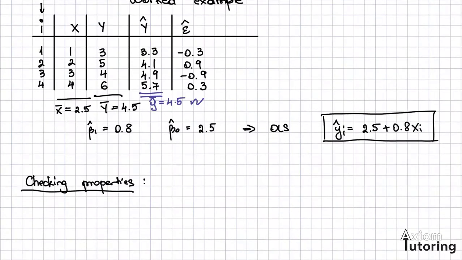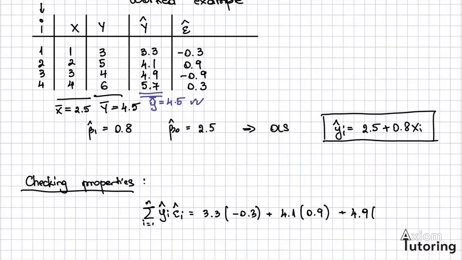Now, for proving mechanical property 5, we would have to take the sum of the product of the yi hat with the residual, which means that we're going to have 3.3 times minus 0.3 plus 4.1 times 0.9 plus 4.9 times minus 0.9 plus 5.7 times 0.3.